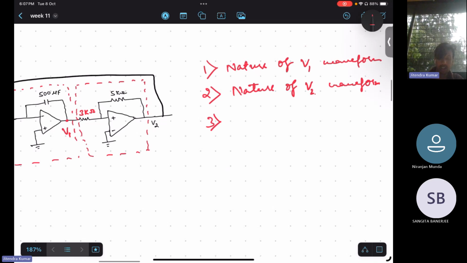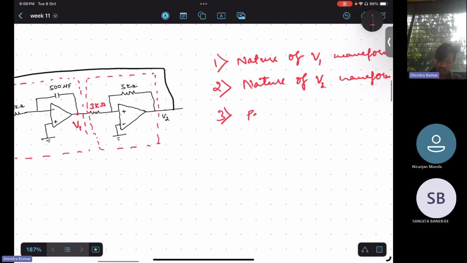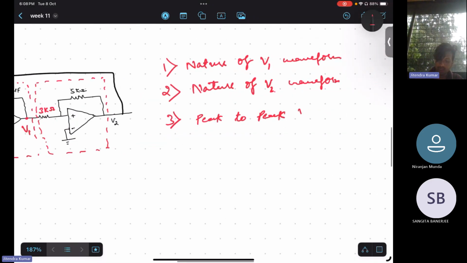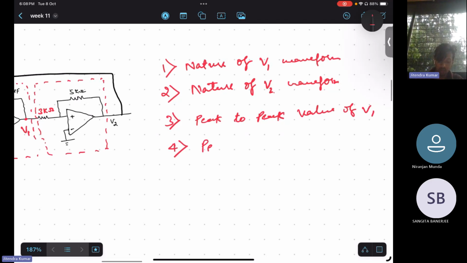Third thing is the peak to peak value of V1, and fourth is the peak to peak value of V2.